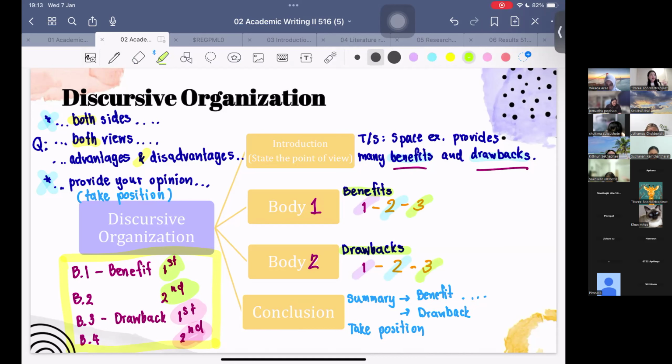So when you write body paragraph 1, let's say you give two benefits. In your essay, you talk about the first benefit first and explain it, and then in the same paragraph you talk about the second benefit. Do the same thing for the drawbacks. For body paragraph 2, let's assume we have two drawbacks.